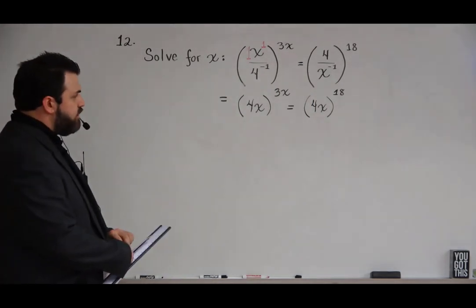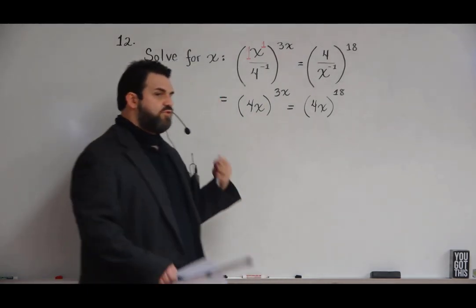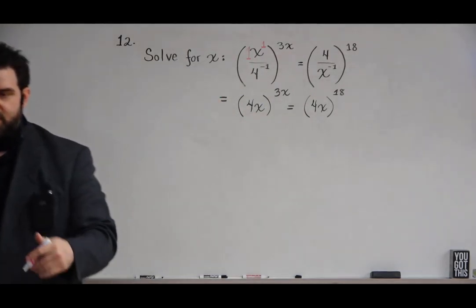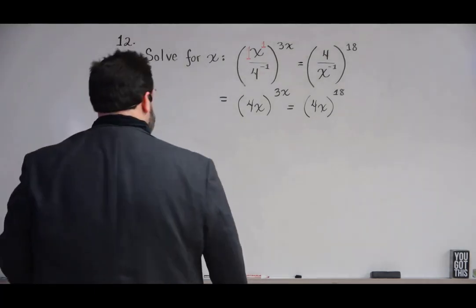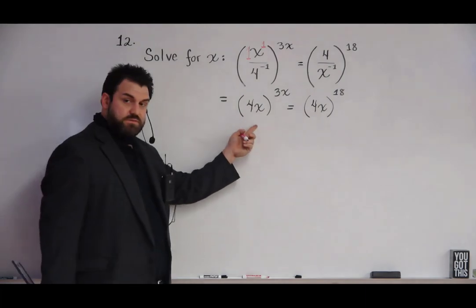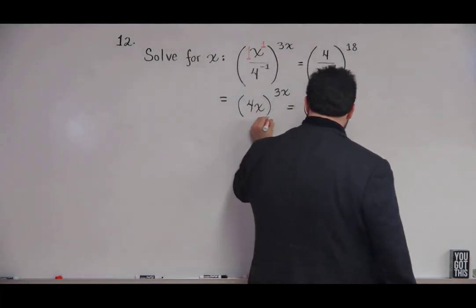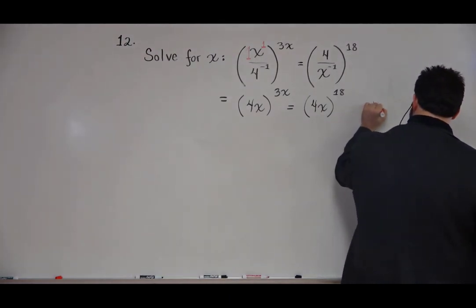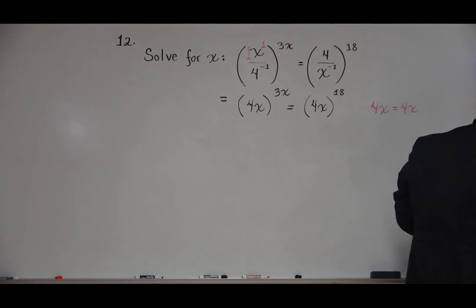I've asked many students today to look at the inside of the parentheses and describe what you see. What you should say is they are the same. These are the same, okay? 4x equals 4x. Those things are the same.